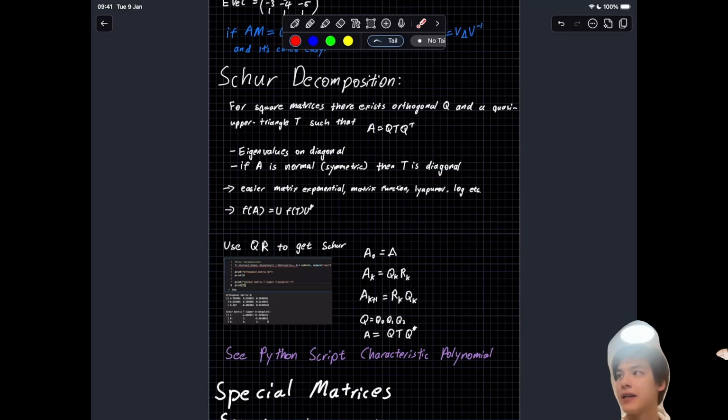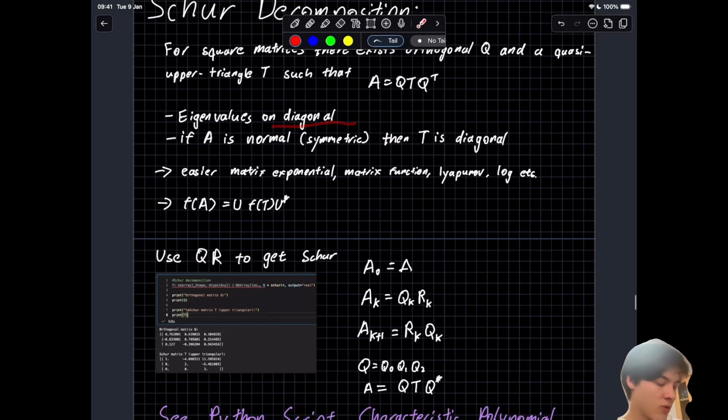In this case, the eigenvalues are on the diagonal, or almost equal to the values on the diagonal. And if A is normal, that means symmetric, then T is diagonal.